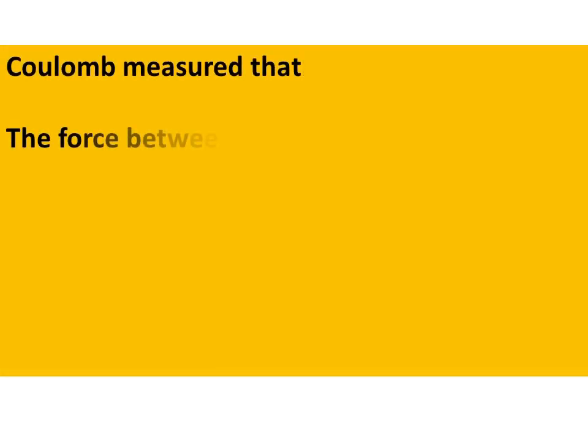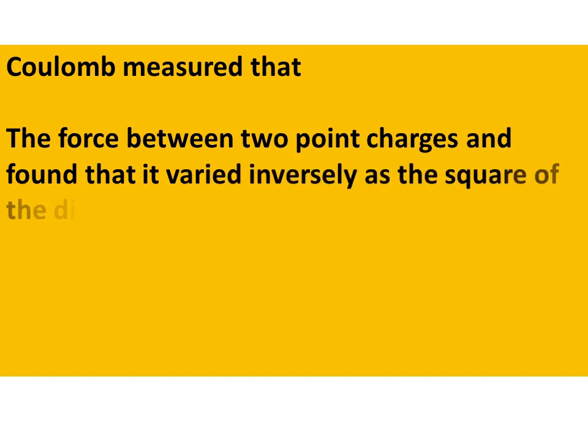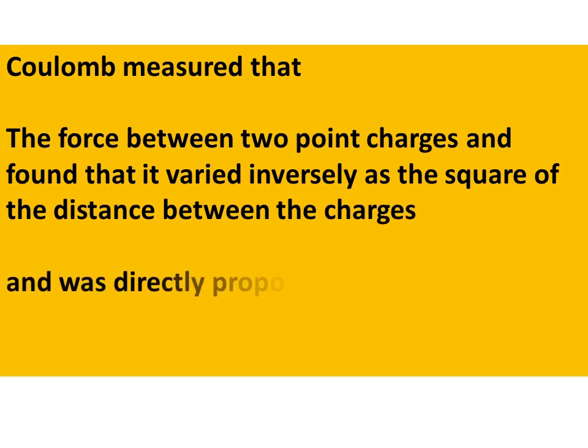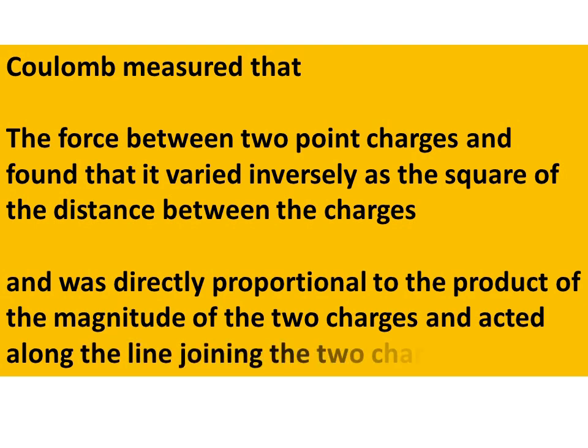Coulomb measured the force between two point charges and found that it varied inversely as the square of the distance between the charges and was directly proportional to the product of the magnitude of the two charges and acted along the line joining the two charges.